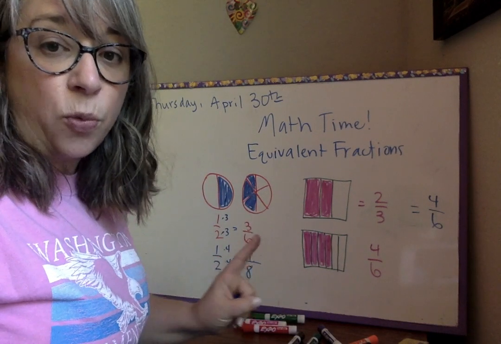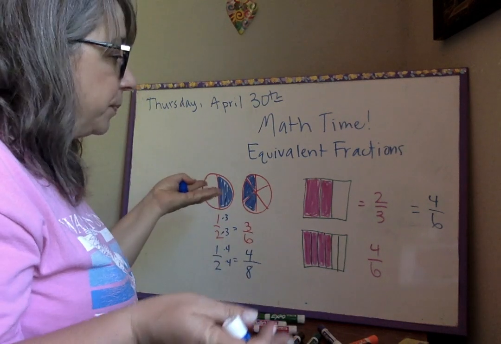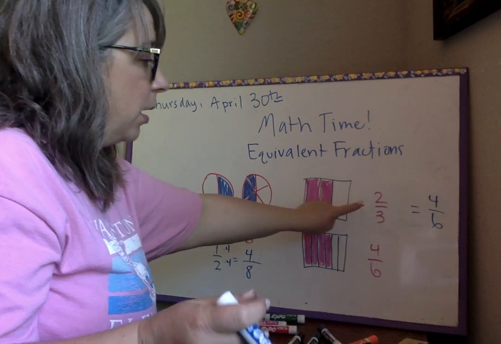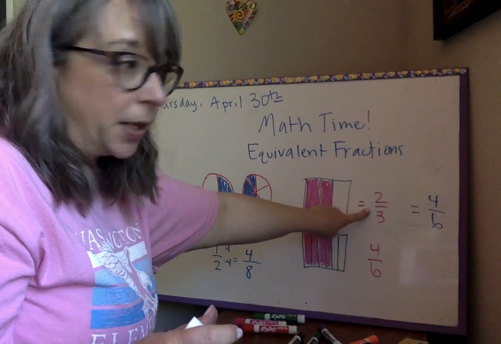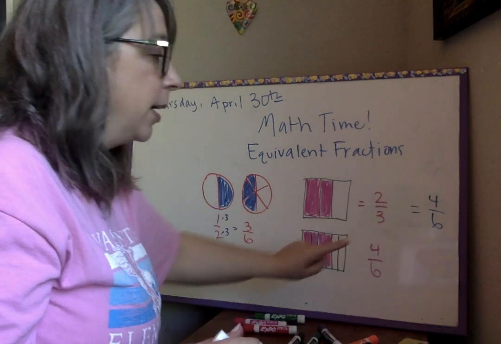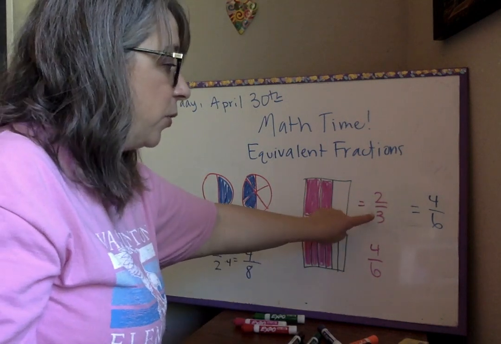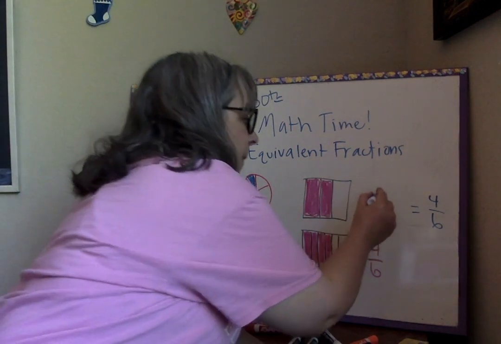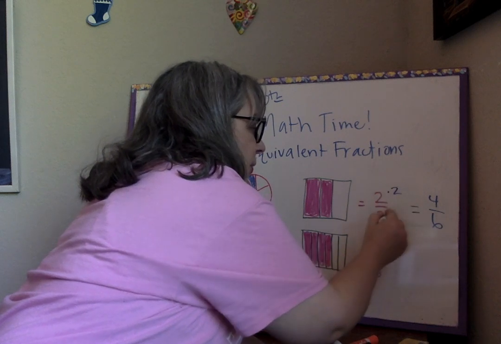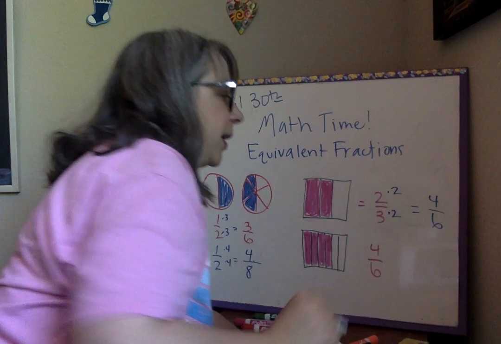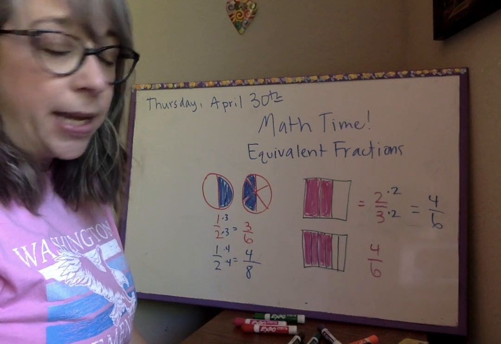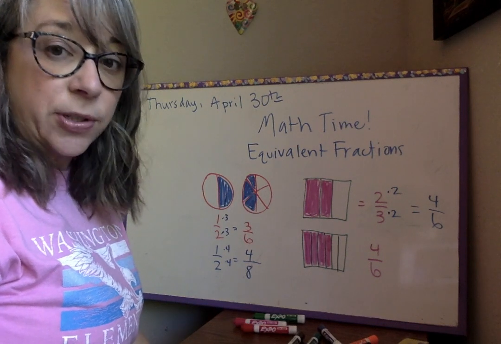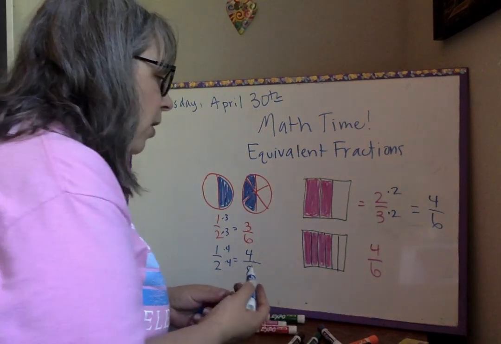It's still just worth 1. So 2/3. Well, what times 2 is 4? It has to be the same number. So 3 times what is 6? 2 times 2 is 4, and 2 times 3 is 6. That's how you make equivalent fractions. That's all it is.